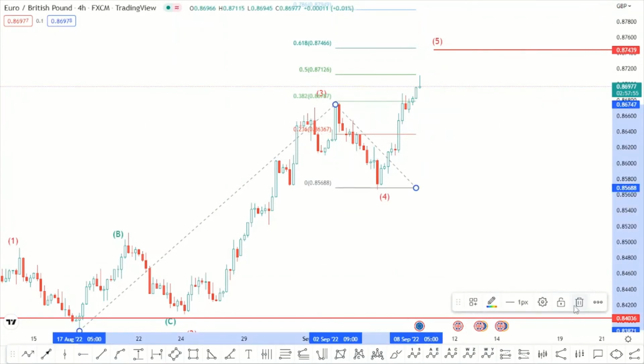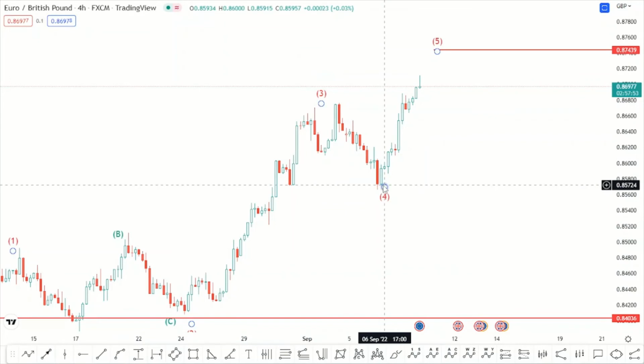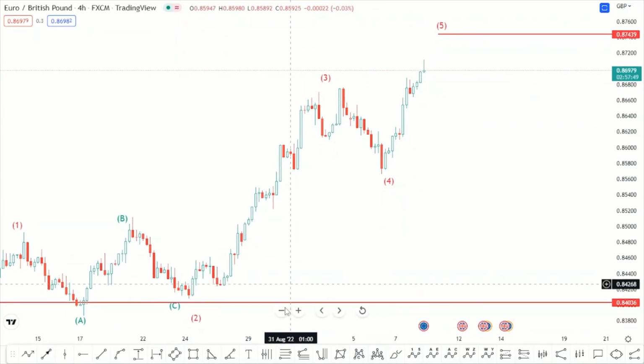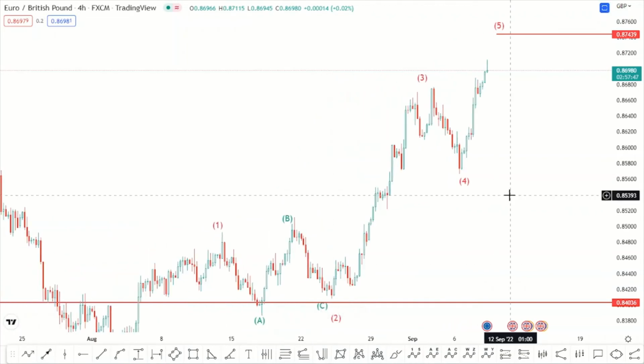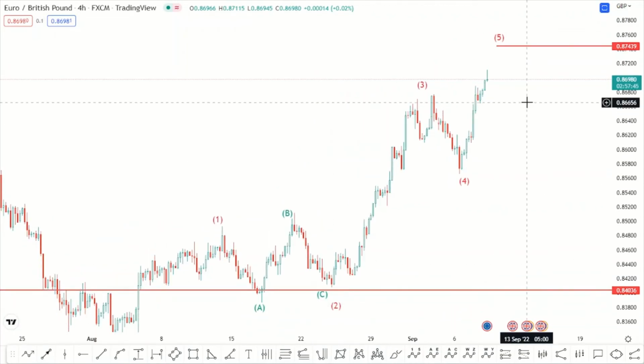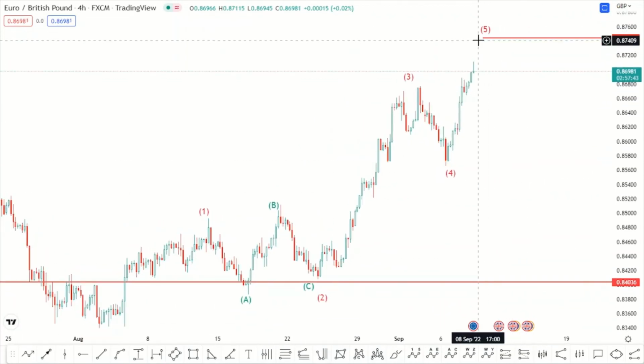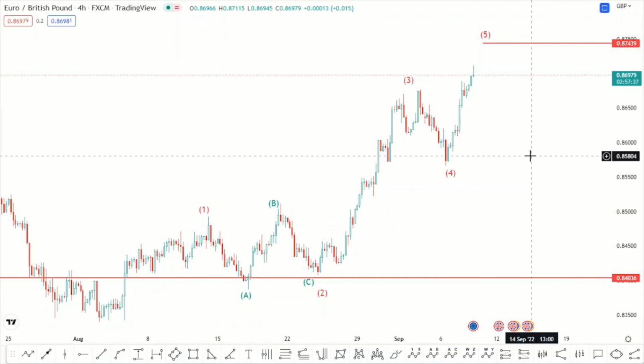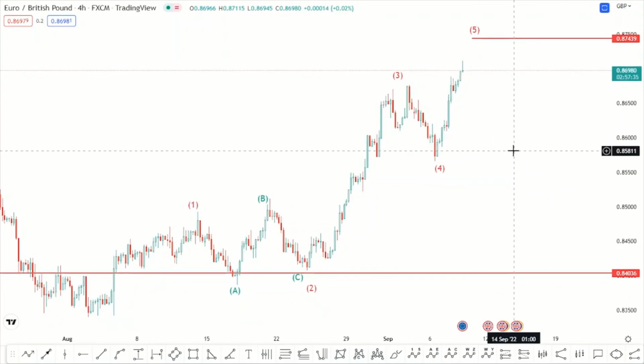It doesn't matter, because you would have bought over here, so it's a win-win for you. But just for accuracy purposes, sometimes you need to put your TPs over here, because it's going to react in the opposite direction, and this is how you would have gone out.